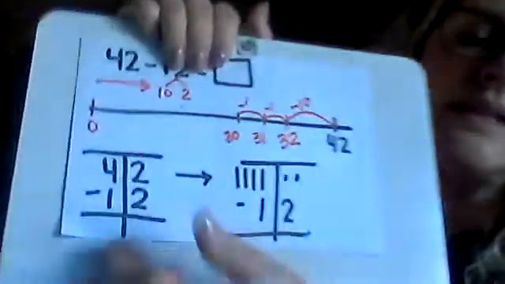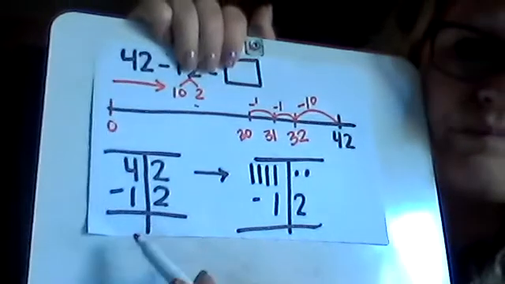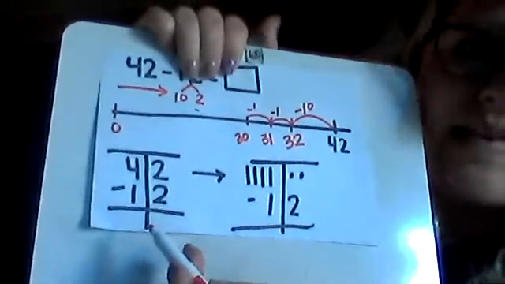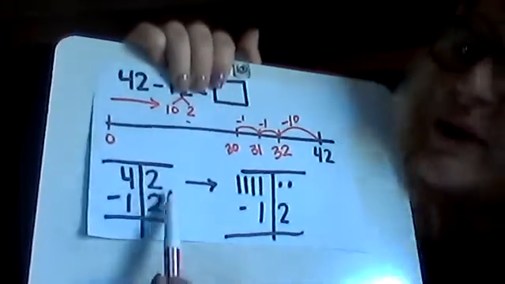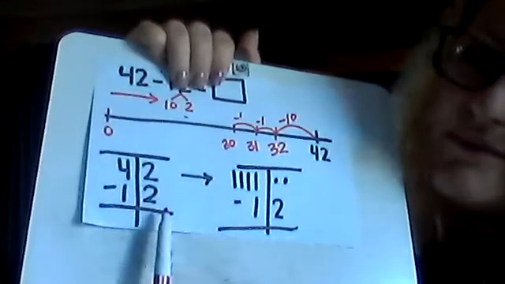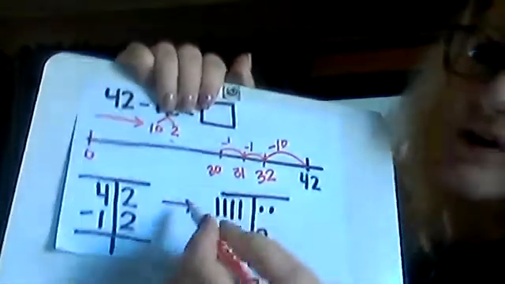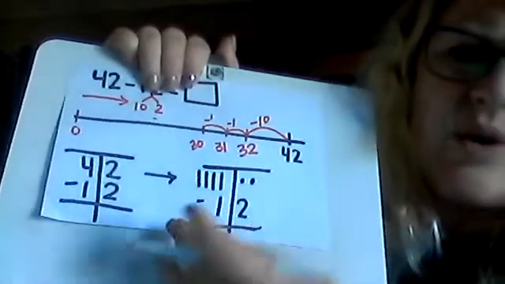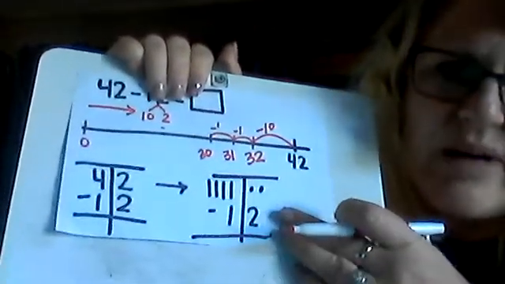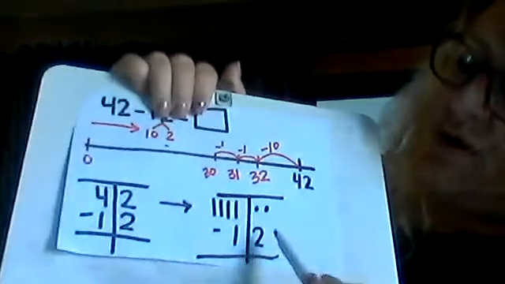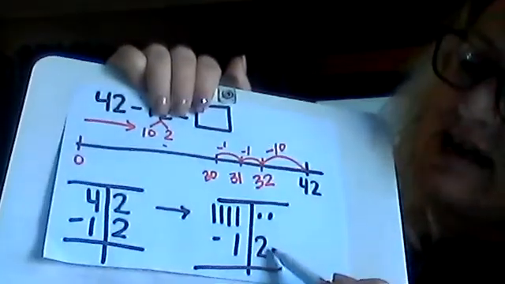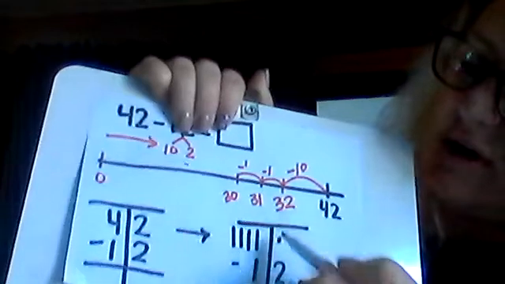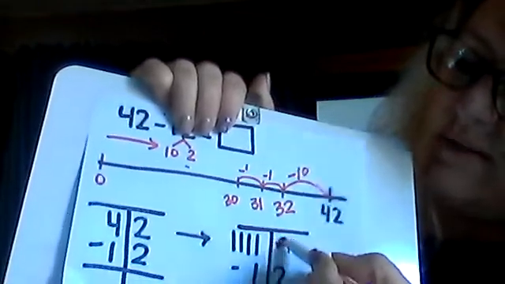When we do a subtraction problem with a tall T, we write 42, take away 12, and we only build 42 because we don't want to build 12. We're taking away 12. So for our lucky day today, we're going to take away 2, and look, there is 2 there.